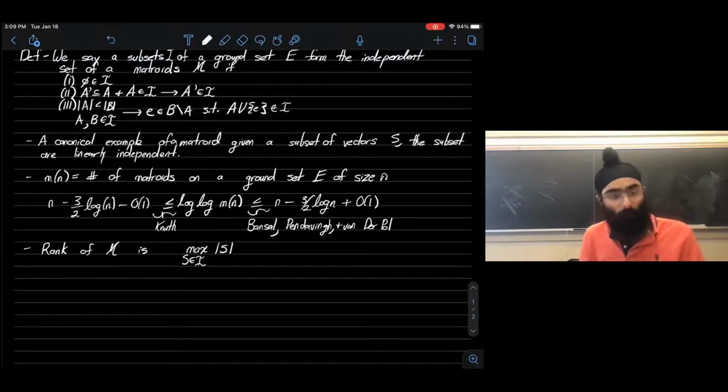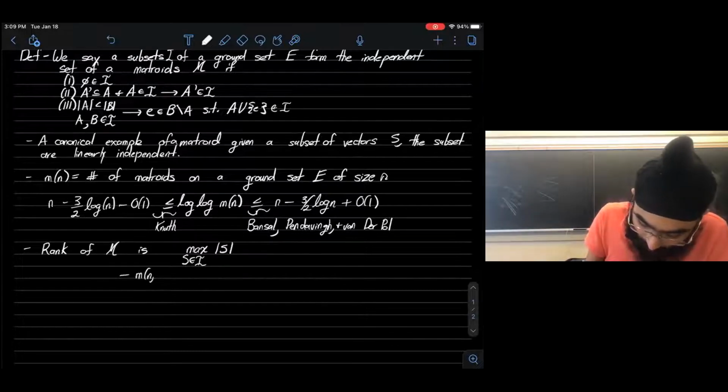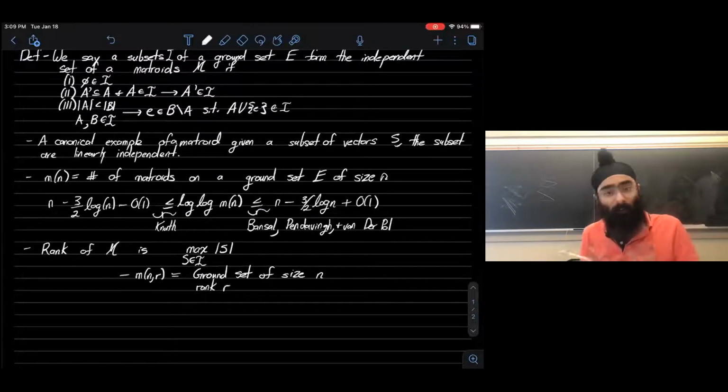Now the question is to enumerate M_{n,r}, where this is a ground set of size n and rank r. For the purposes of this talk, we're not going to consider r growing; we're going to consider r a fixed constant and n growing.